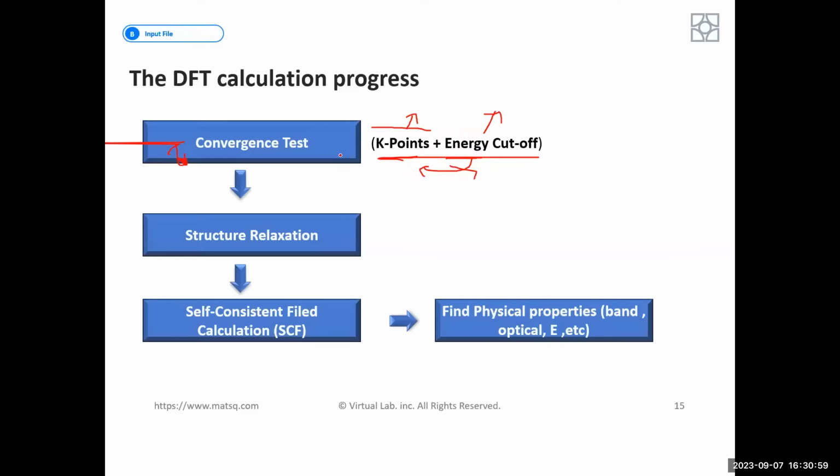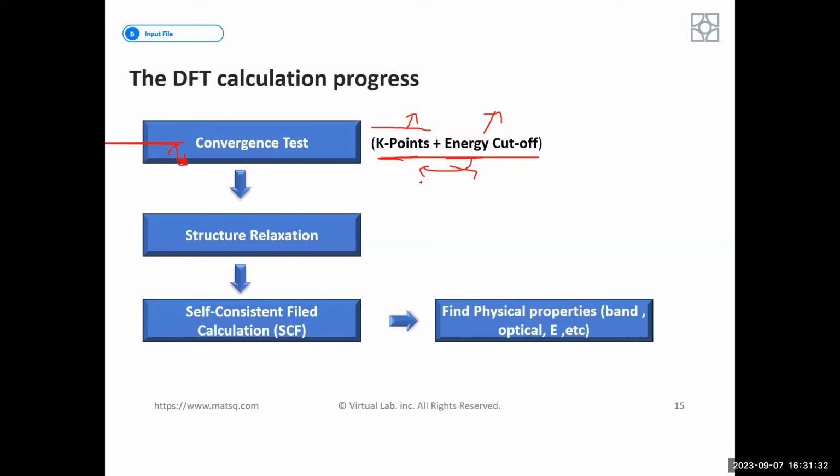By doing this, you identify the minimum cutoff value, the minimum calculation setting that is adequate for my calculation, such as total energy, atomic forces, or band structure. These values would converge to stable values. Finally, you can conclude your K point and energy cutoff. This is the calculation setting, okay?